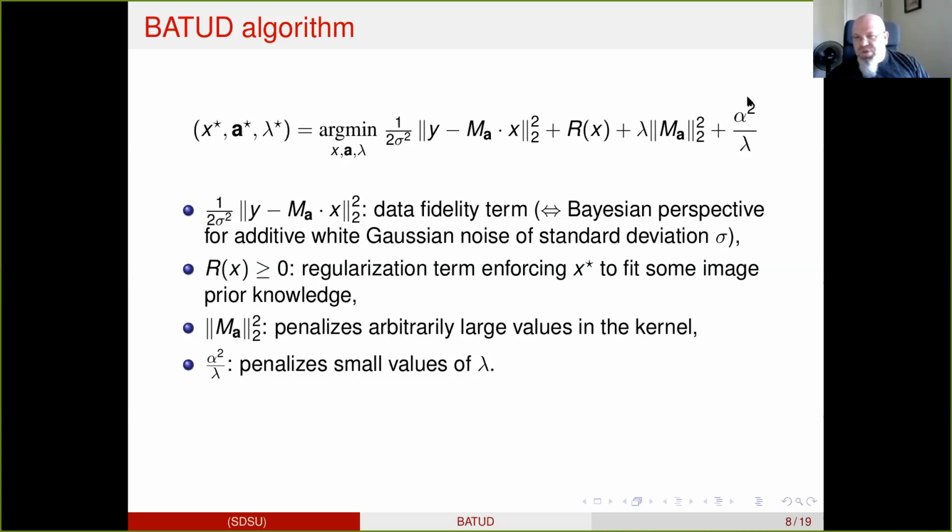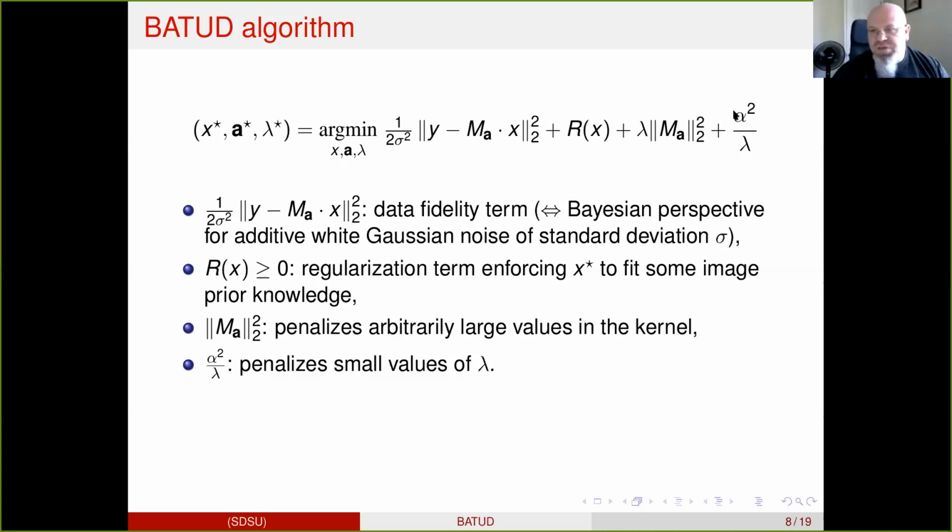That's why we added that term here, because if you have small values of lambda, then that term will become very large, right? Which goes against the fact that you want to minimize this expression, right? And this alpha squared is now an extra parameter, but it turns out that we observed experimentally that you can fix that parameter, and it basically always works for any images that you provide. You can use the same value of alpha.